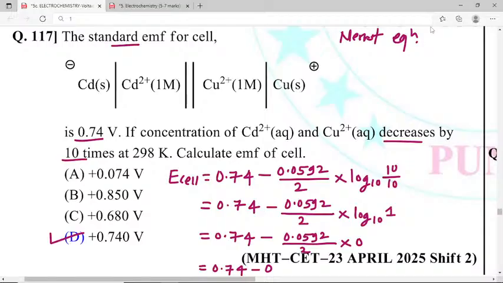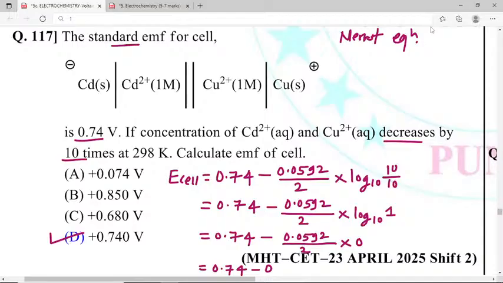0.74. Please check once whether it is correct. Please check the calculation and data. Cadmium, copper decreased by 10 times at 298. 298 is the standard temperature, so there is no problem here, but decreased by 10 times.